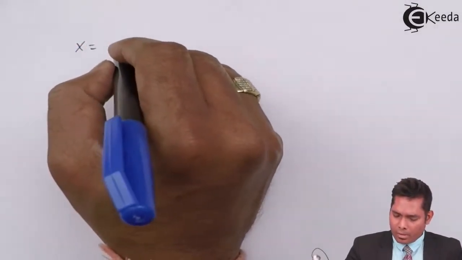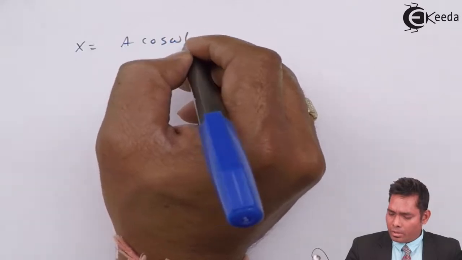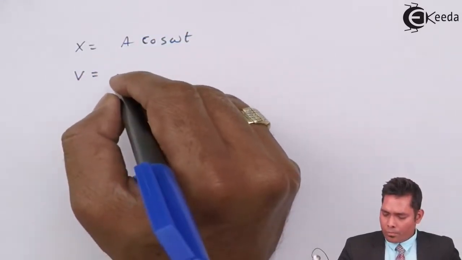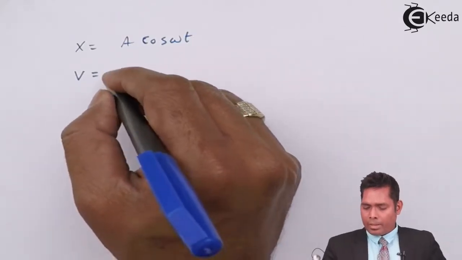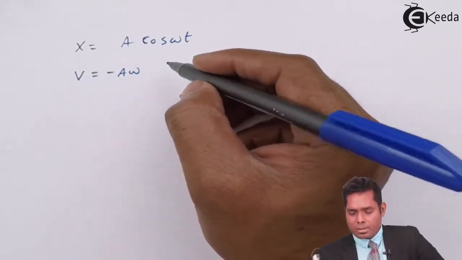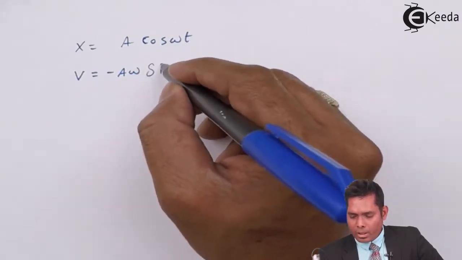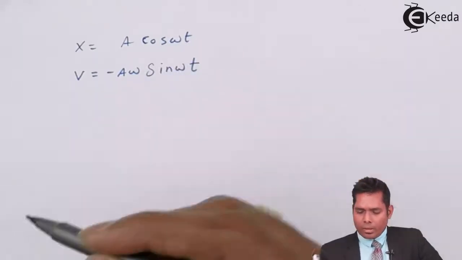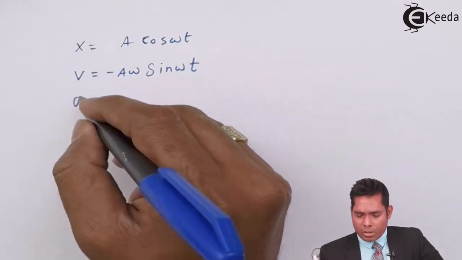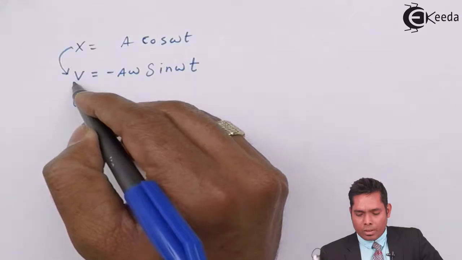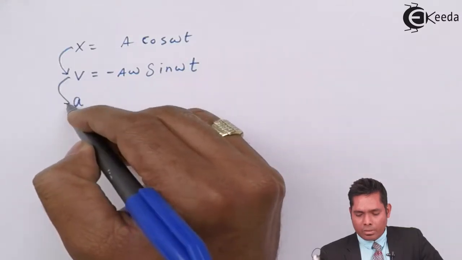x is a cos omega t. If I differentiate this, then v equals minus a omega sin omega t. If I further differentiate this equation, we get acceleration. So the displacement derivative gives you velocity, and the velocity derivative gives you acceleration.